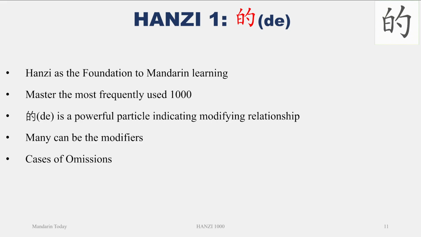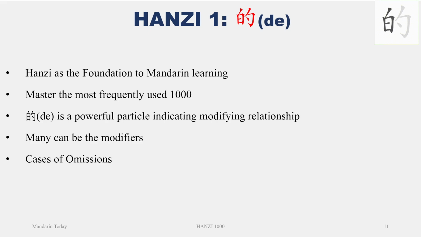It's basically this dichotomy where pinyin cannot represent the true Chinese language, unless you want to learn to just speak the language without being able to read and write. So these are the two different routes you can take. And then to make things easier for you to get started, I chose the first 1,000 characters, starting with the very first one, 的.